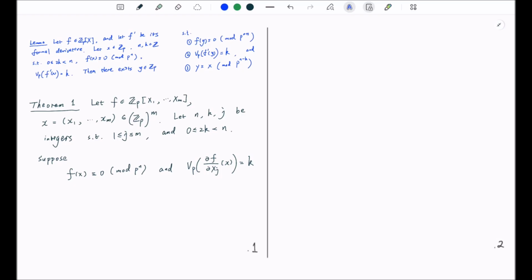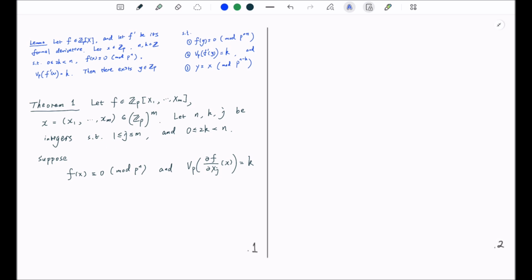Previously, when little f is a single variable polynomial, we just take its derivative. Now, because it's a multivariate polynomial, here we are looking at its j-th partial derivative for some j.